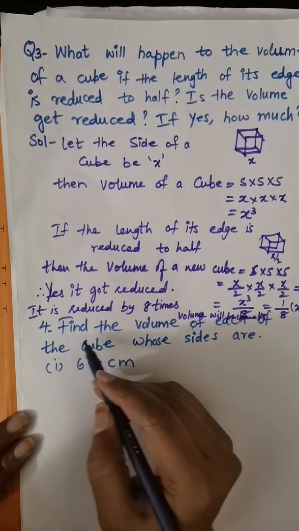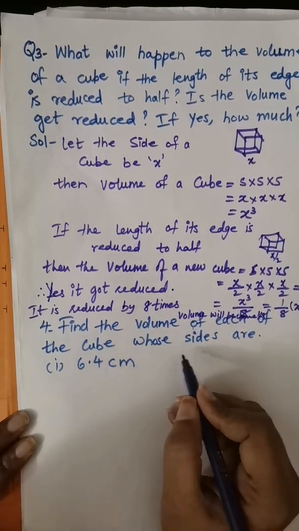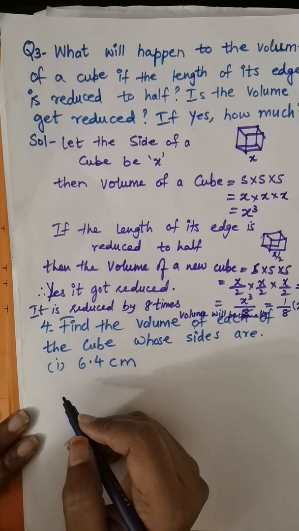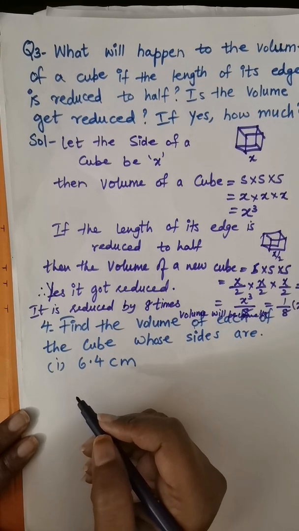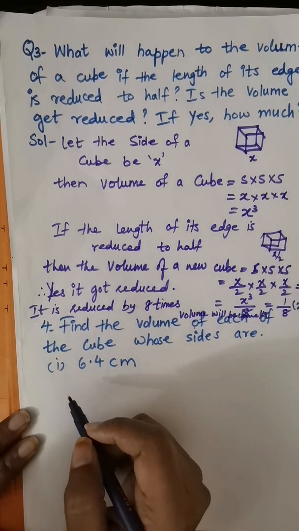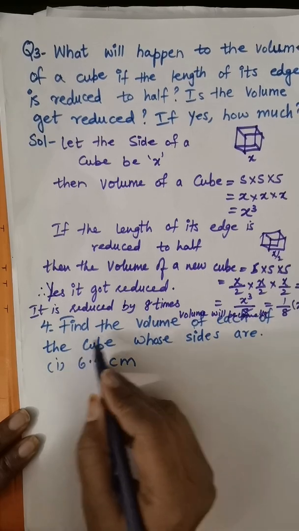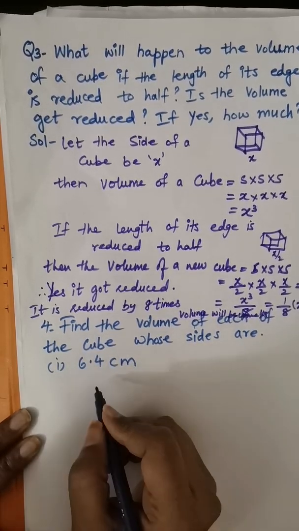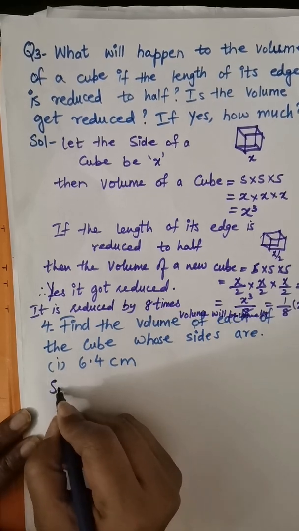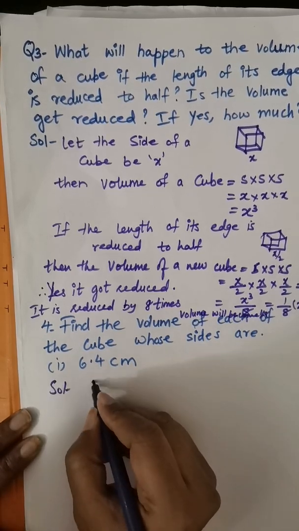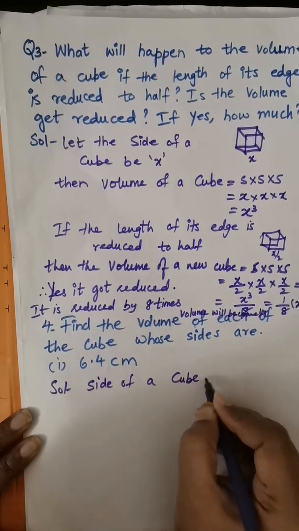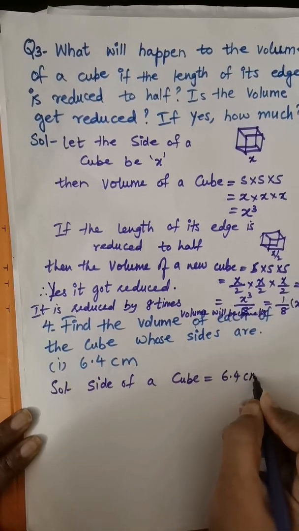Now next is find the volume of each of the cubes whose sides are given. Now we have done with cuboid. Now this is cube. Now the side of the cube is given as 6.4 centimeter.